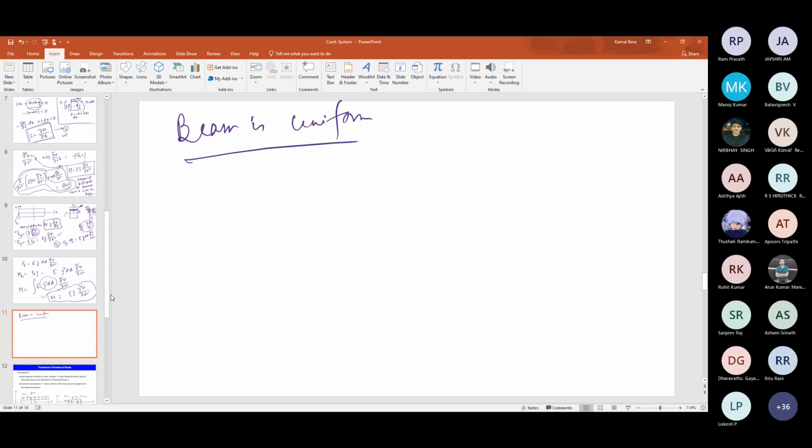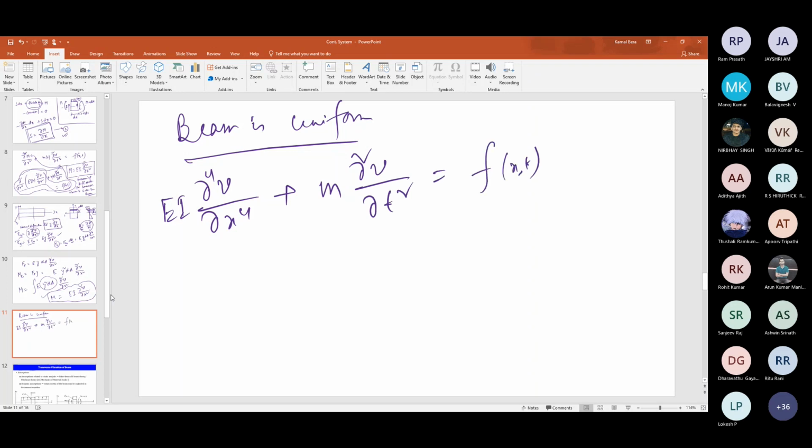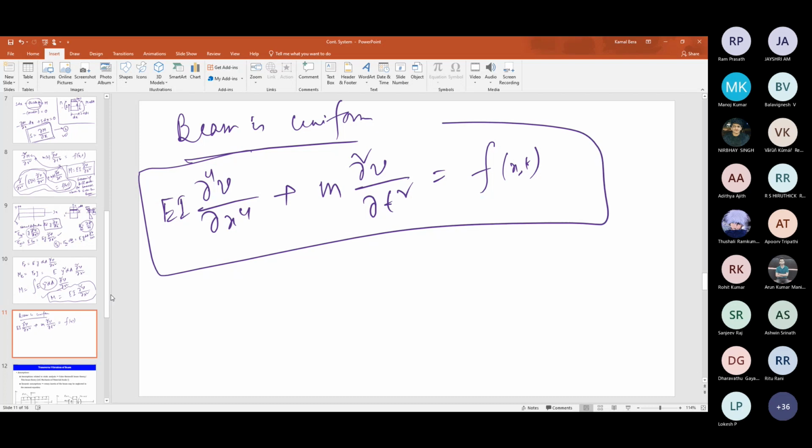If the beam is uniform, then I can write EI del 4 v by del x to the 4 plus m, which will also be constant, mass per unit length, everything is uniform, del 2 v by del t squared, equals f(x).